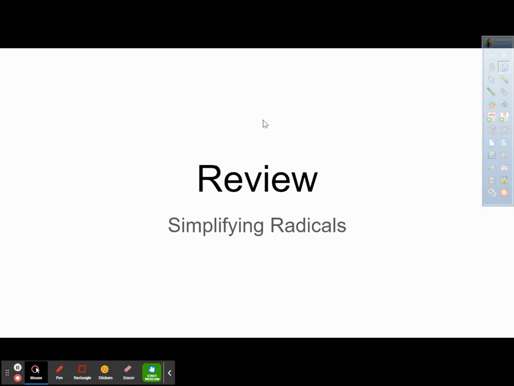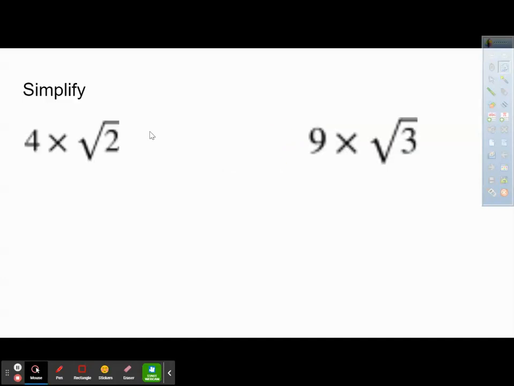Alright, so first problem, there's two problems on here, but just write the first one down for now. 4 times the square root of 2. When you go to multiply these, the only time you can multiply a number inside a radical is if you have another radical. It's not really that they're like terms, but you can kind of treat it that way. You also want to treat the square root of 2 kind of like a variable.